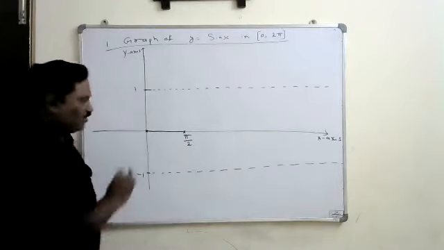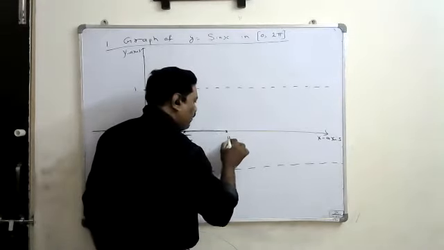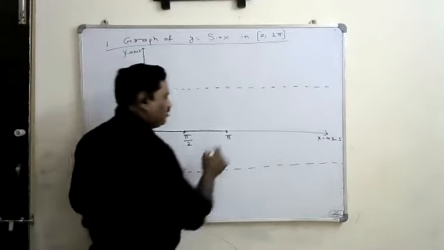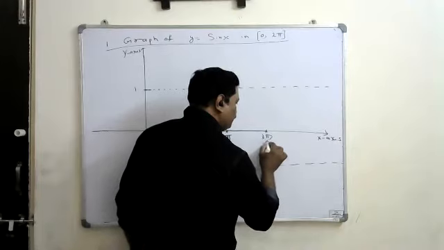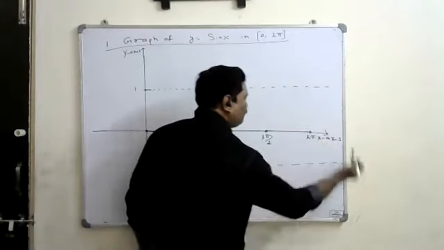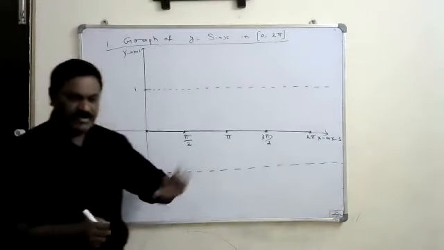Then the next centimeter is pi by 2 plus pi by 2, that is pi, that is 180 degrees. Then the next is 270, that is 3 pi by 2. The next value is 2 pi. So like that I will take the uniform scale.